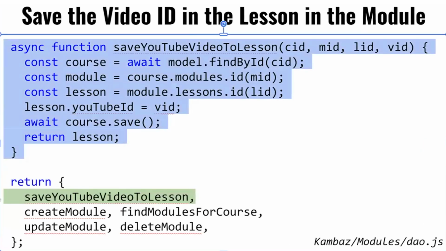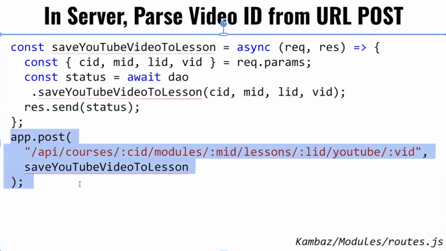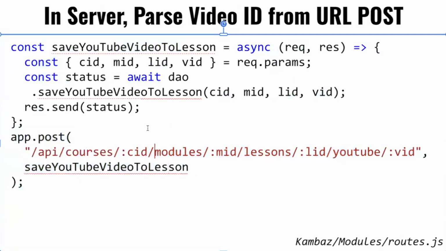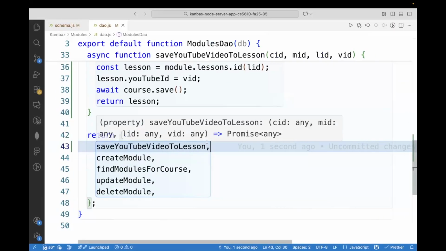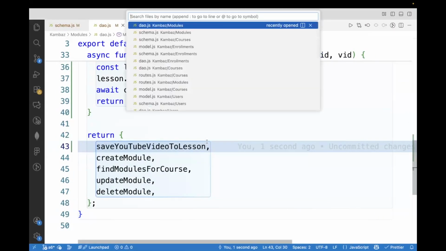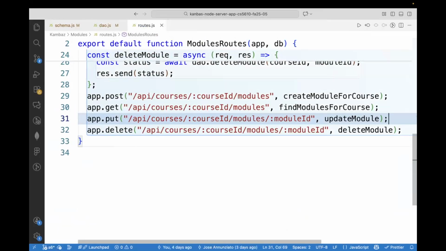So from the router, we're going to receive a post. So here's the post that we're going to send from the client. We're going to receive the post that is expecting the ID of the course, the module ID, the lesson ID, and the video ID, all encoded in the URL. And so let's add this to the module route. Module route here.